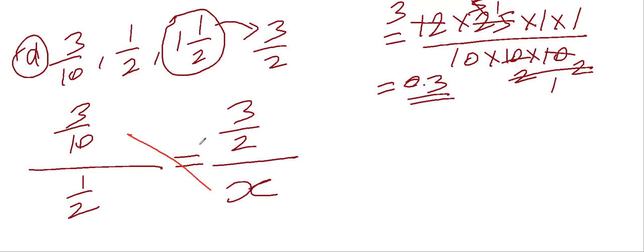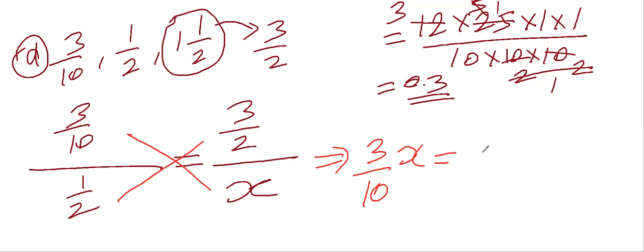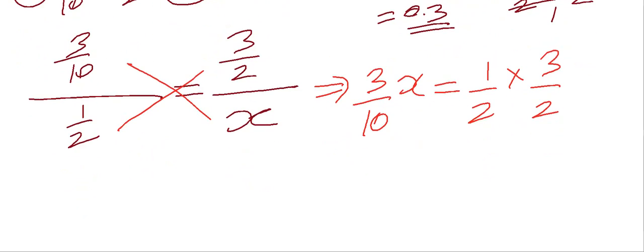So what is the first step? First step is cross multiply. So I will cross multiply this. 3 by 10 into x is equal to 1 by 2 into 3 by 2. Here again I will cross multiply it. This 10 will come in the numerator, this 3 will come in the denominator.